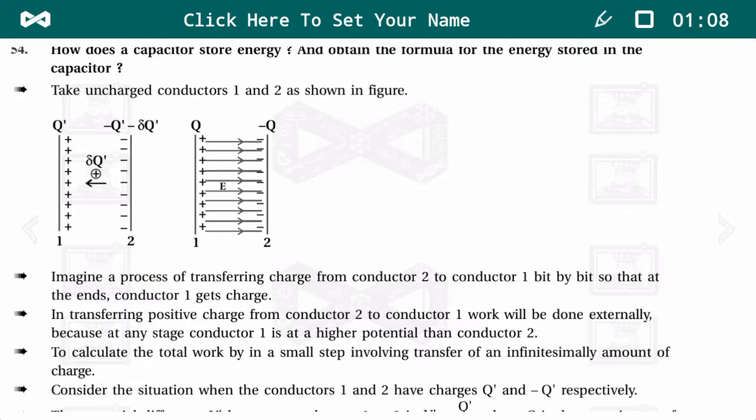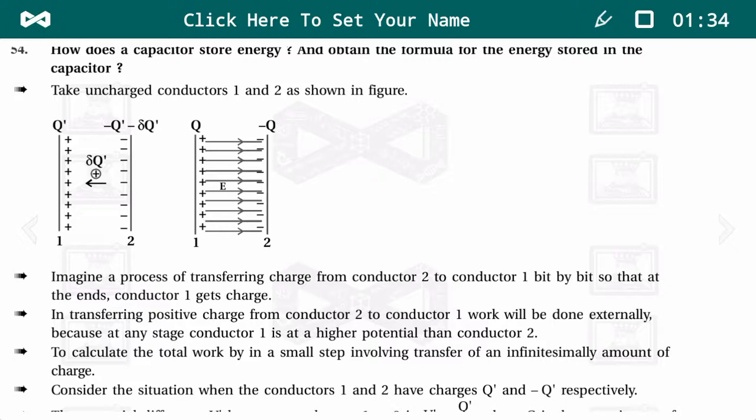So you have to imagine a process of transferring charge from one plate to another. That means the charge moves from the negative charge plate to the positive charge plate.